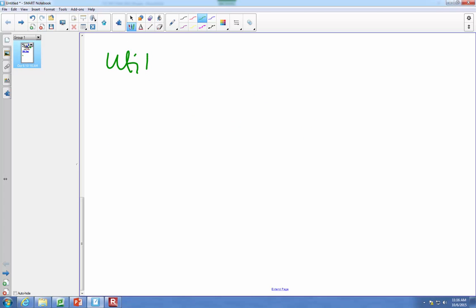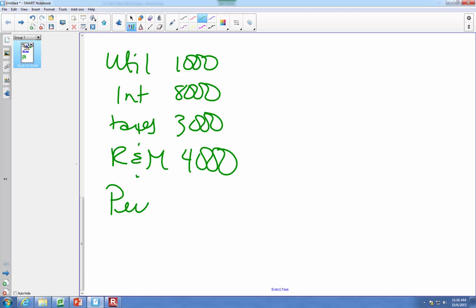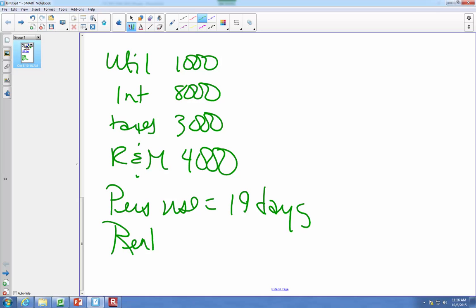I've got utilities equal 1,000, interest equals 8,000, taxes equal 3, and repairs and maintenance equal 4. And my personal use was 19 days, and my rental was 62.